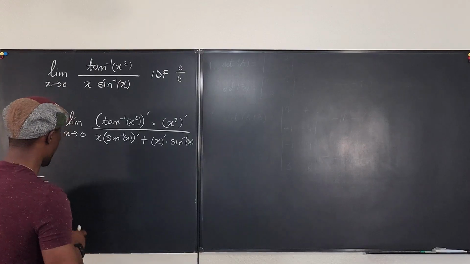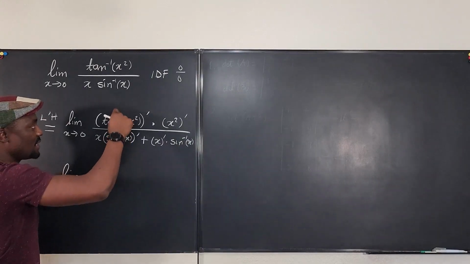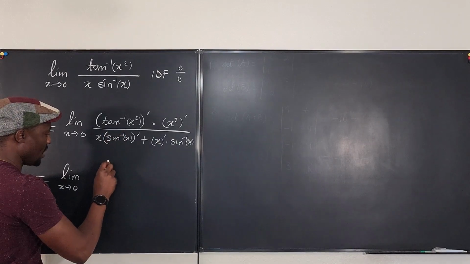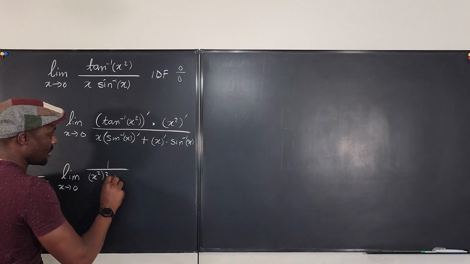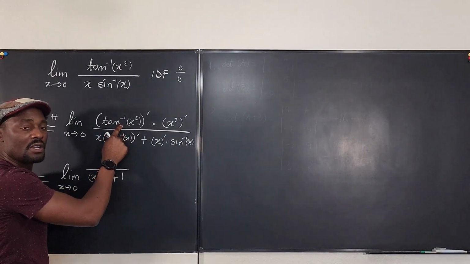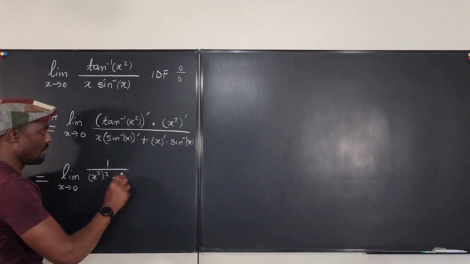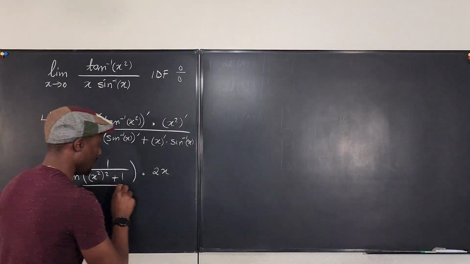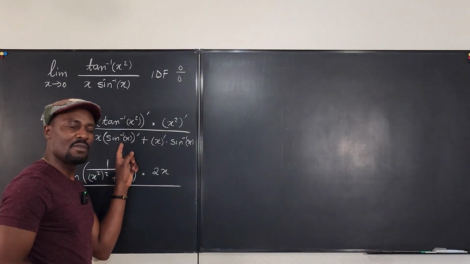And if we write this, this is going to be equal to the limit as x approaches 0 of the derivative of arctan x squared, which is 1 over x squared plus 1. That's it. So whenever you take the derivative of an arctan, it is the argument squared plus 1 under 1, multiplied by the derivative of x squared, which is going to be 2x, and all of this divided by x times, what's the derivative of arcsine?